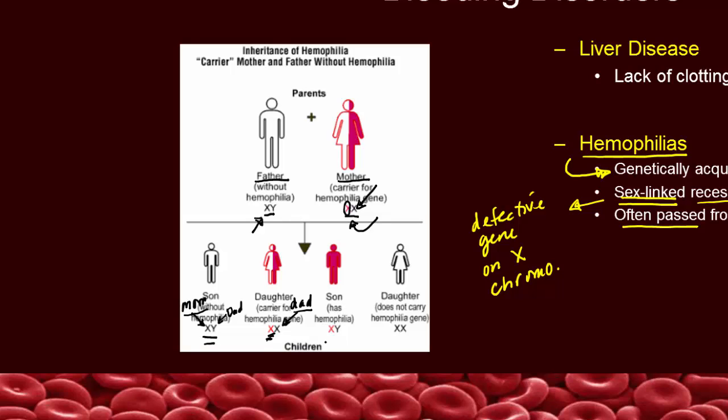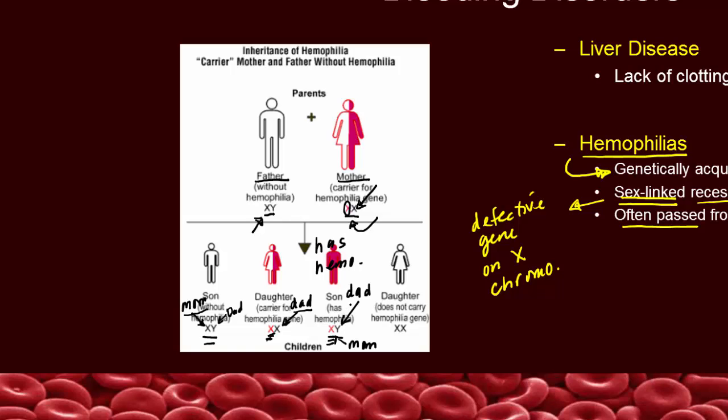She does not have the full-blown disease, again, because she has a good chromosome from dad. Well, if we have a son who has inherited the defective X chromosome from mom, and he also got his Y chromosome from dad, this boy is going to have hemophilia. Why is that?